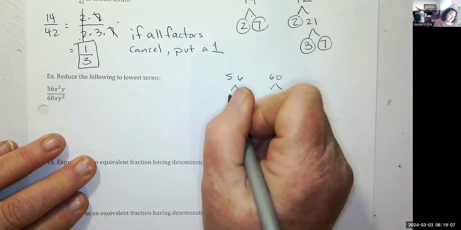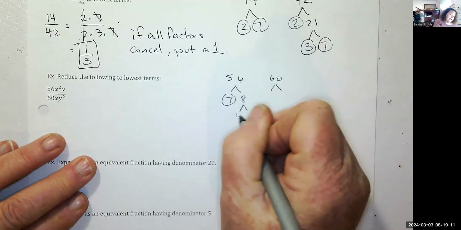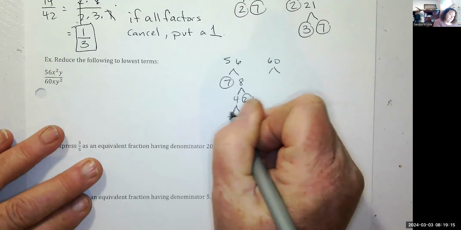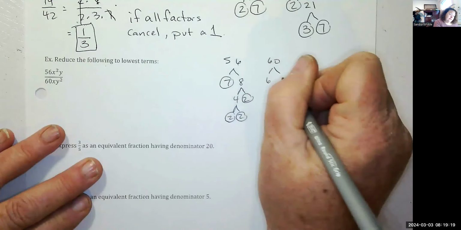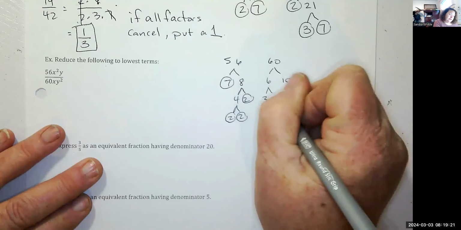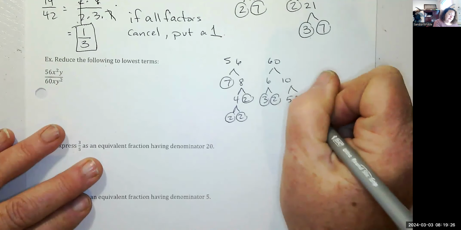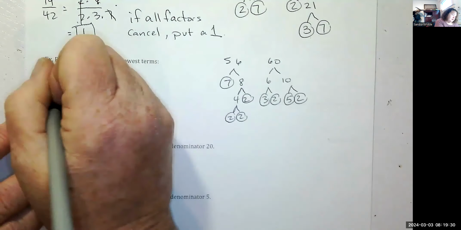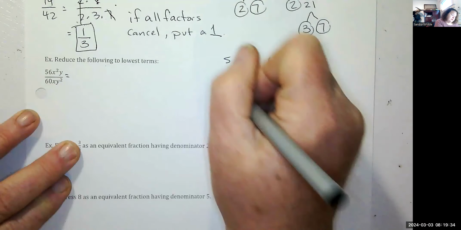So 56 is 7 times 8, 7's prime. 8 is 4 times 2, 2's prime. And 4 is 2 times 2. There you go. 60 is, I'm going to think of 6 and 10. 6 is 3 and 2, that's prime. And 10 is 5 and 2, those are prime as well. All right, so in my numerator, I've got 2 times 2 times 2 times 7.